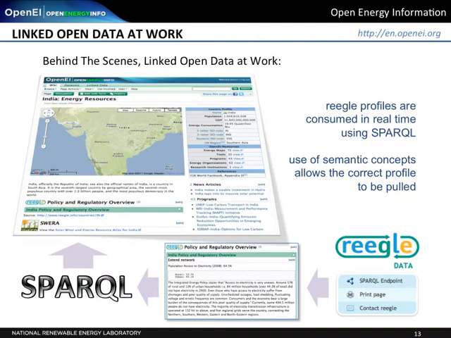Reegle does the same thing. The semantic property behind the scenes in this case is called FOAF page, but basically it's just letting both OpenEI and Reegle know that we're talking about the same topic. By both of us linking to the Wikipedia article on India, the computers can be sure that we're both talking about the same topic and pulling in the right information.